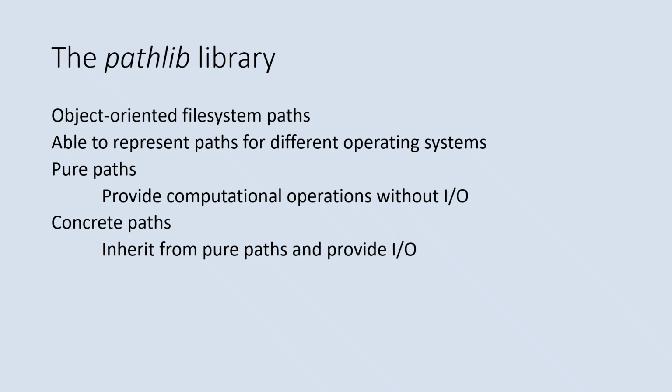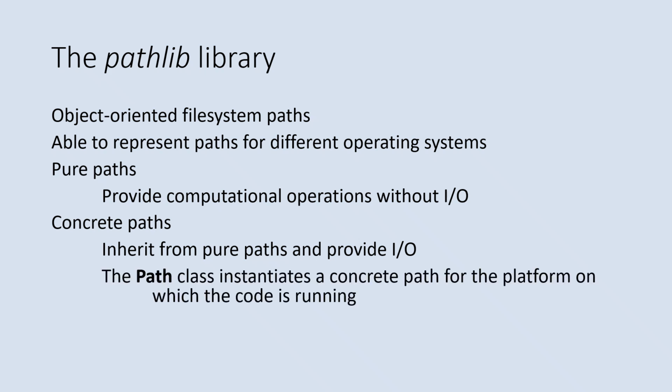So pure paths are for use in things like virtual systems and some other scenarios where we don't really want to write things to locations on the system that you're actually using. In that setting, the pure paths are more abstract and have their use, but for our purposes, we're going to deal with concrete paths. So we're going to provide the actual input-output capabilities.